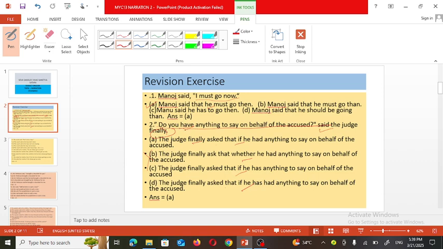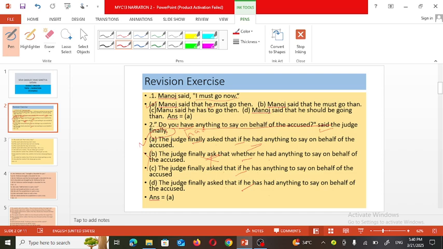Instead of do have, we have to use had in the past tense. So if he had anything to say on behalf of the accused, where is had? Only here. So option A is correct. Here has is used and here it is used, but here ask is written, which is not expected. Said is there, so asked with ed must be there, and therefore option A is the correct option.